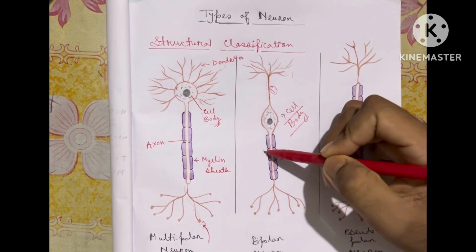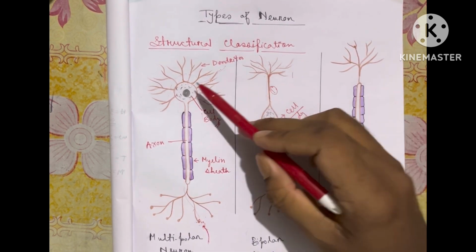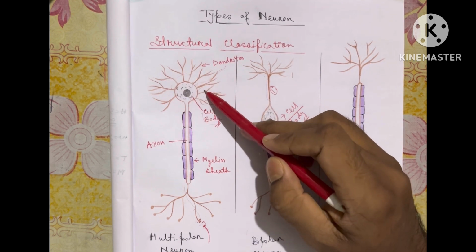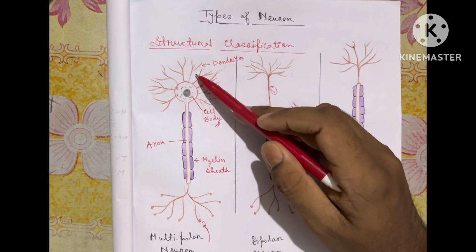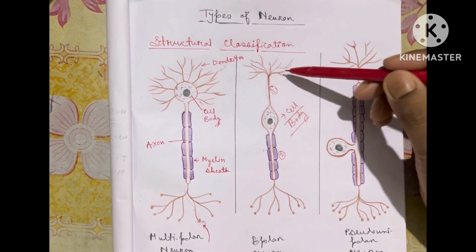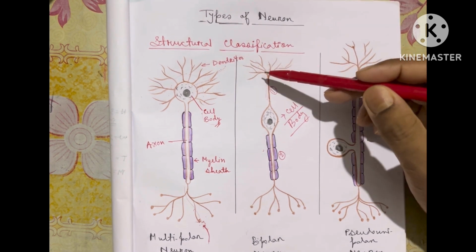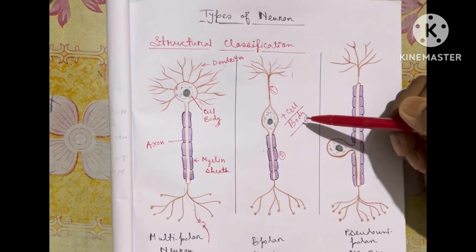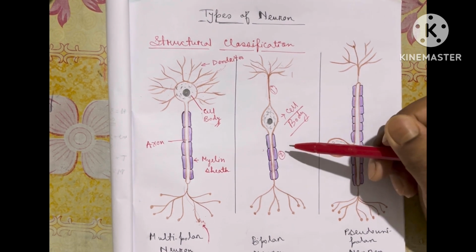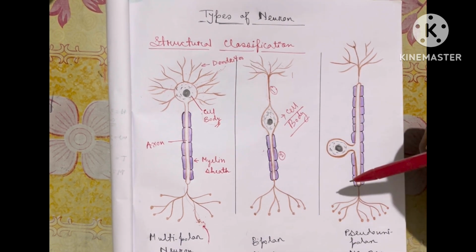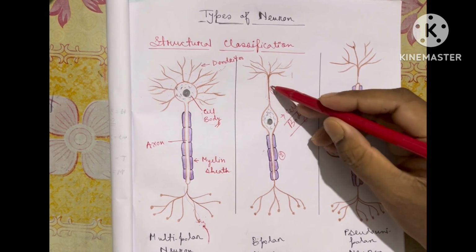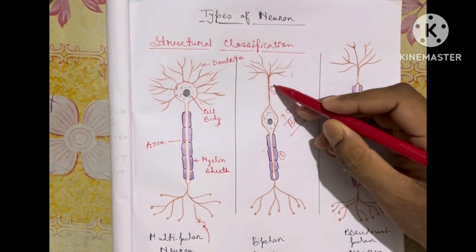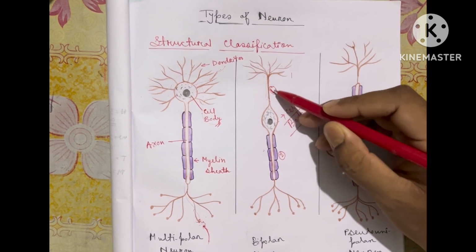So the axon and axon are the same, but here different dendrites directly come in contact with the cyton, while here different dendrites make only one dendritic extension, then it fuses with our cyton. So that's why we are going to consider it as only one dendrite.